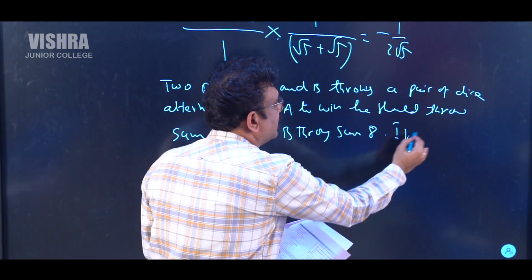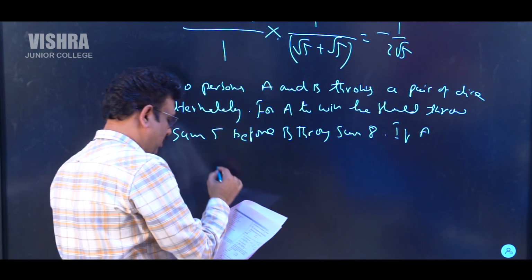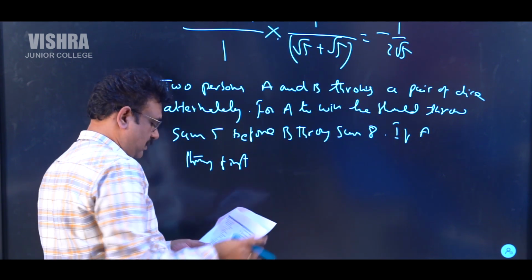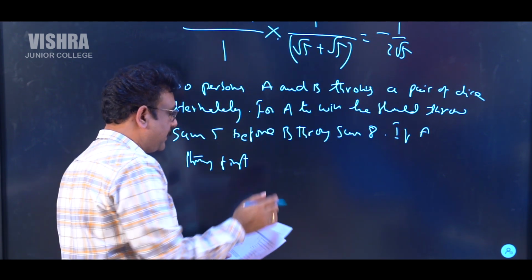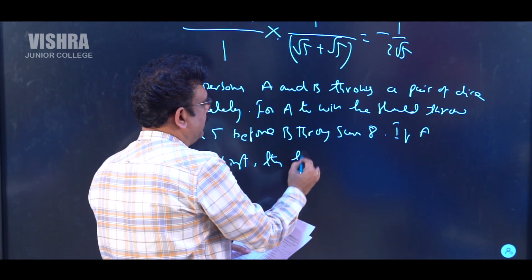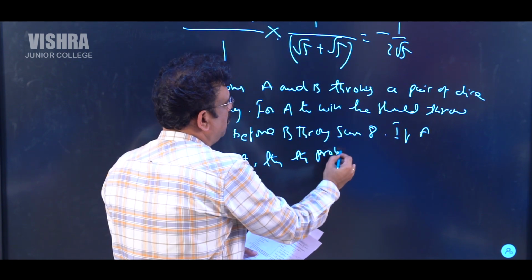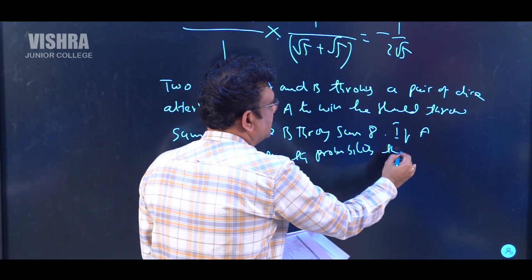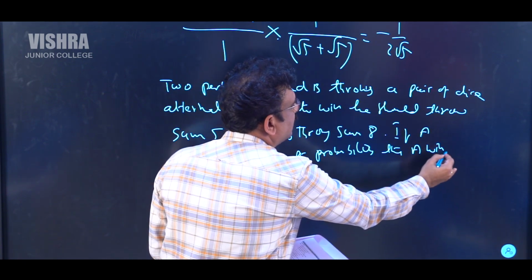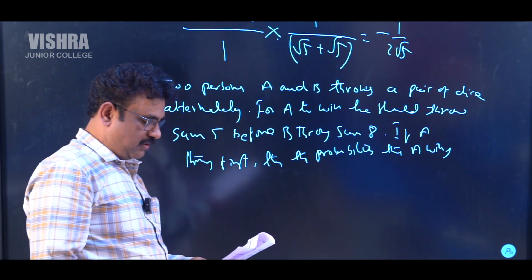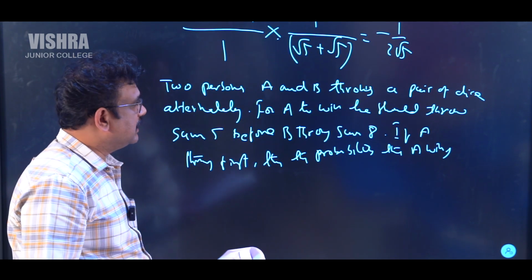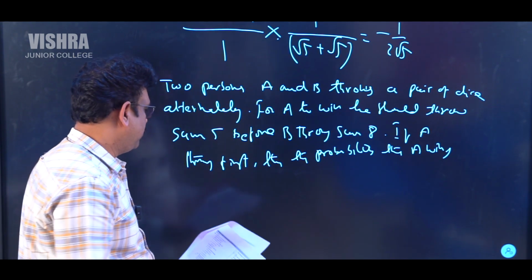If A throws first, then the probability that A wins. So first, probability of getting sum 4.